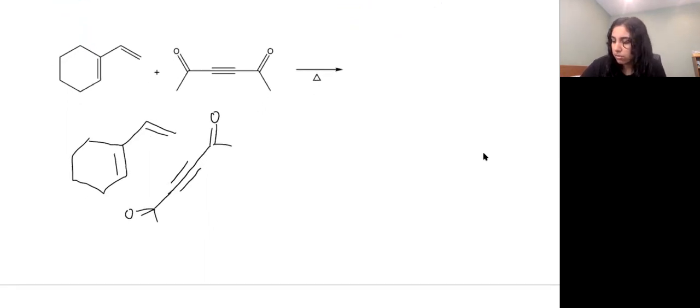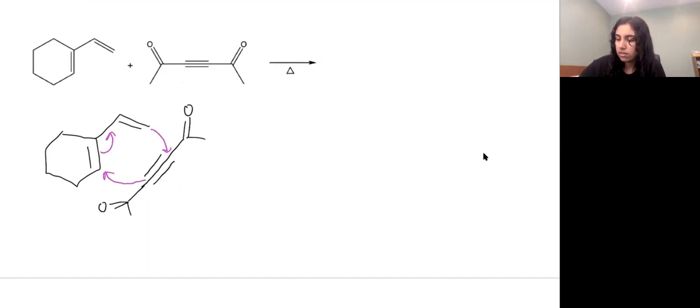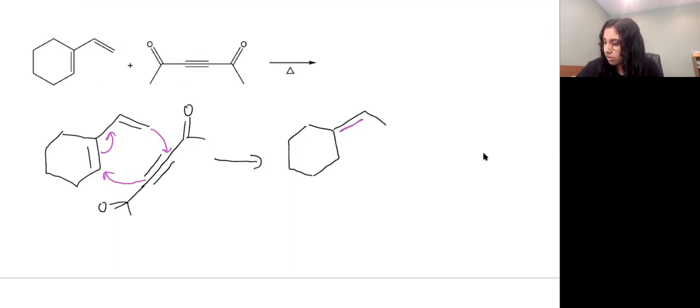The first one goes from top of diene to top of dienophile, bottom of dienophile to bottom of the diene, and then this alkene just resonates up here. So your final product is going to look like this. You have a new alkene up here, a new bond over here, and a new bond over here.